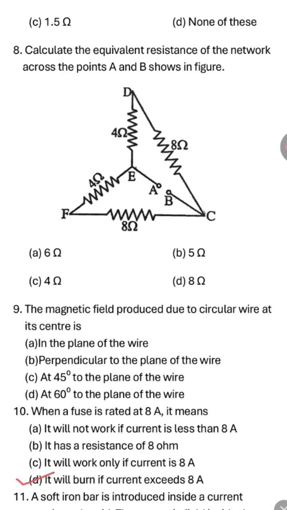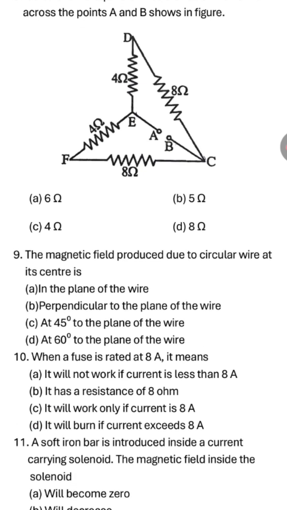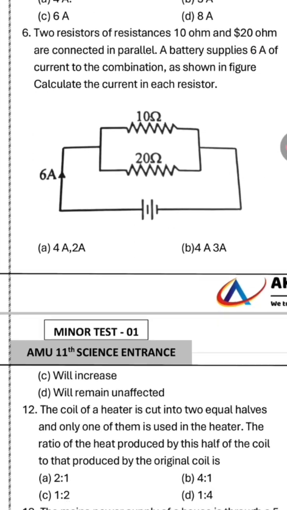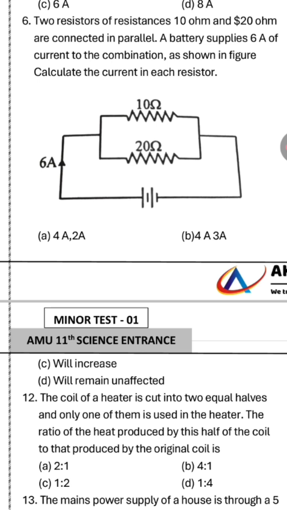Option D. Question number 11. Soft iron is introduced inside a current carrying solenoid. Definitely it increases the value of magnetic field, and therefore option C will be correct one.